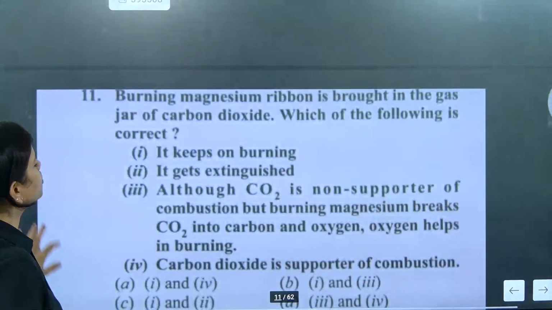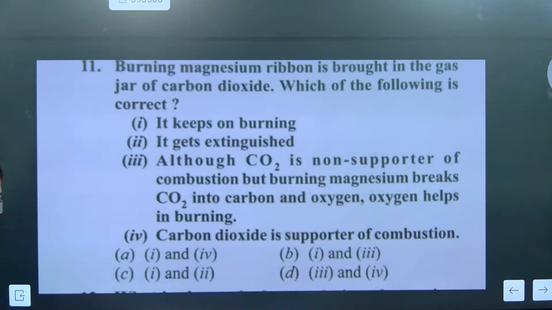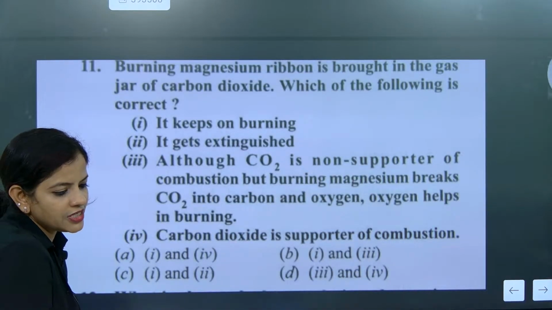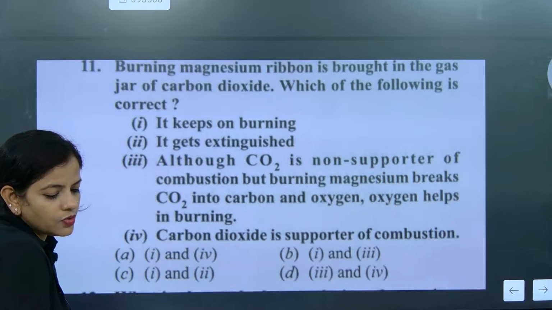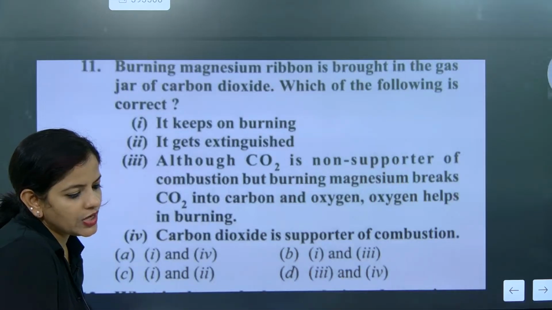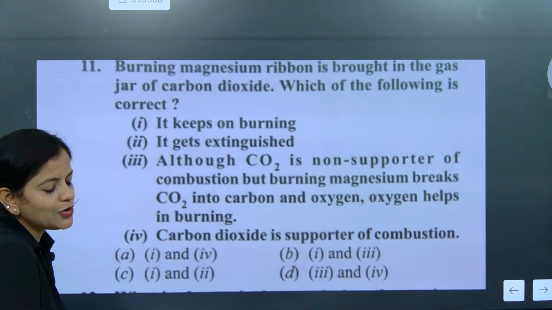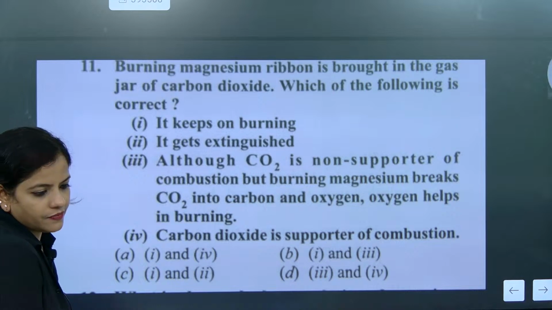Come on, children, go for this question and answer the question. Come on, go for it, please. Try this question out. Neutralization and double displacement. Absolutely correct. Neutralization and double displacement. Come on, go for this question, please. Question number 11.